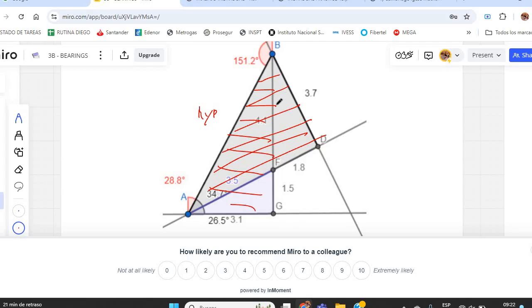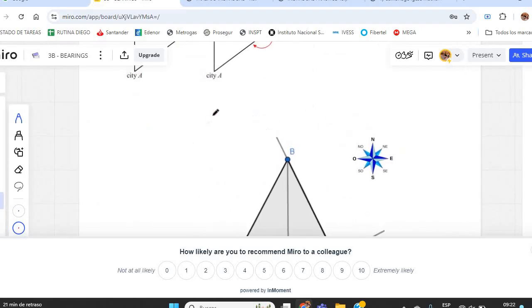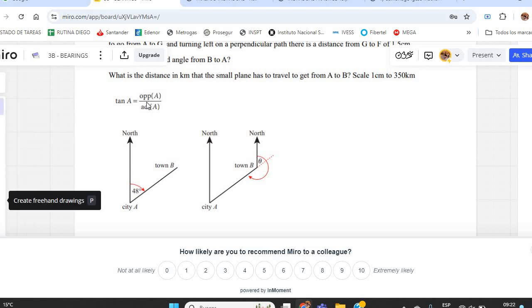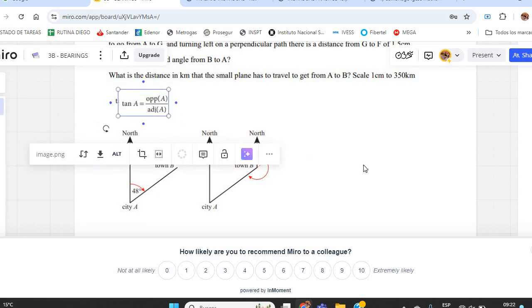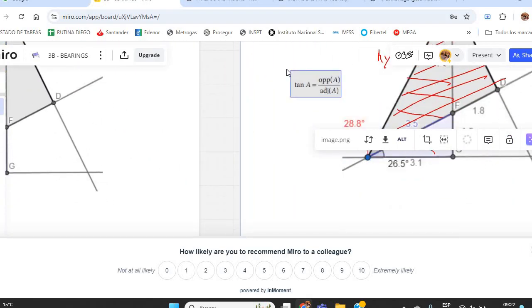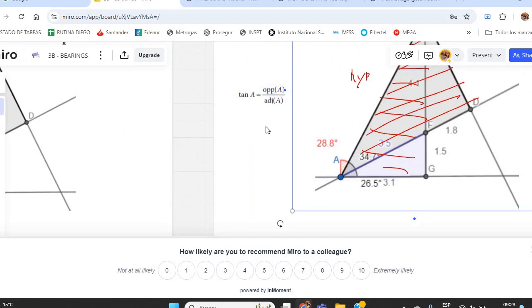If you want to know an angle, you know the relation of the tangent that we have seen. The tangent is the opposite divided by the adjacent.